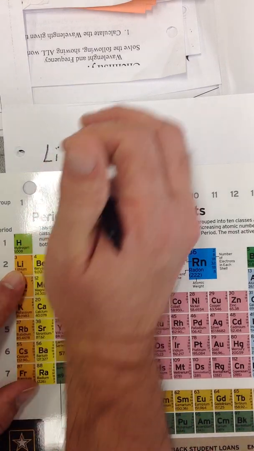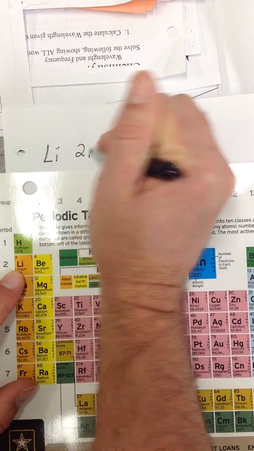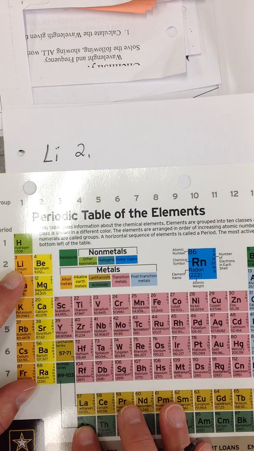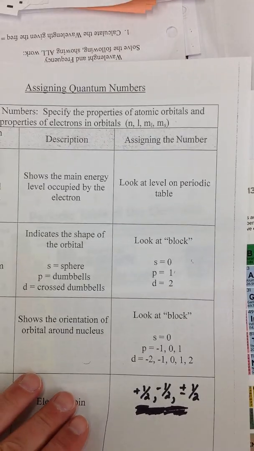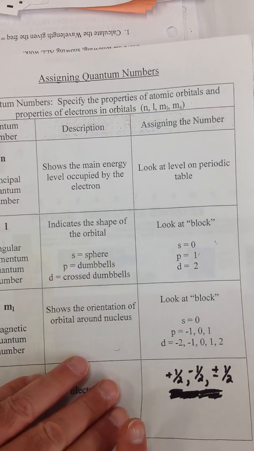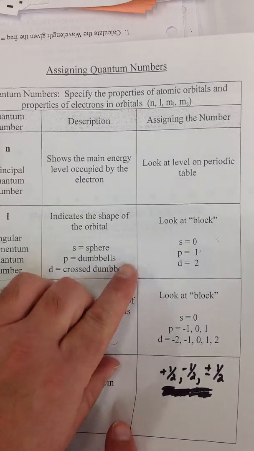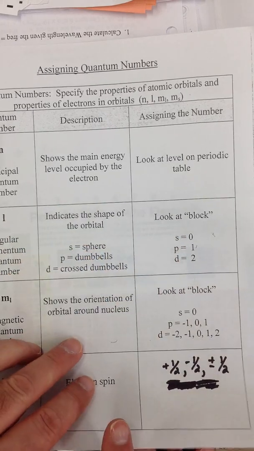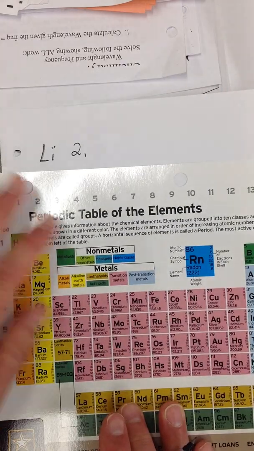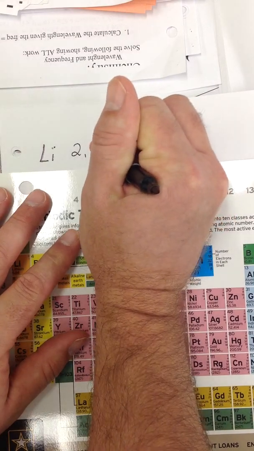So my first quantum number is definitely 2. So far, so good. So my second quantum number, if I go back to the chart, I know that lithium is in the first two columns, so it will be an S. So my second quantum number is definitely a 0.